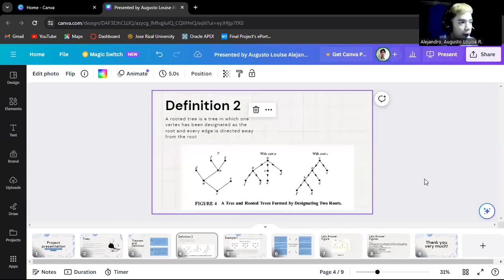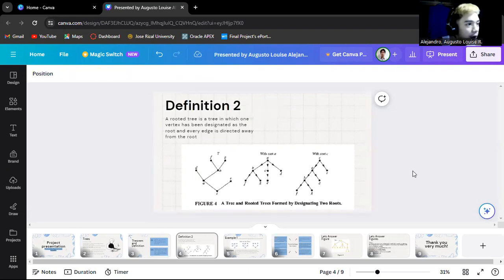For Definition 2, a rooted tree is a tree in which one vertex has been designated as the root and every edge is directed away from the root.